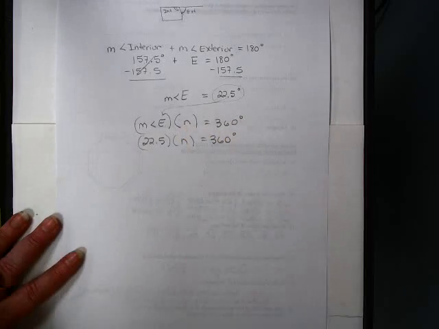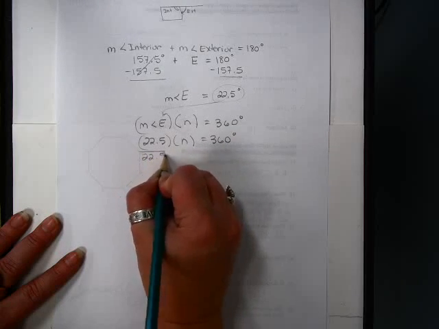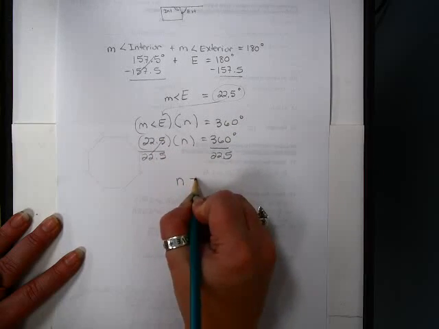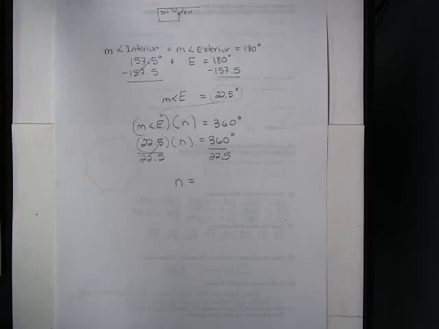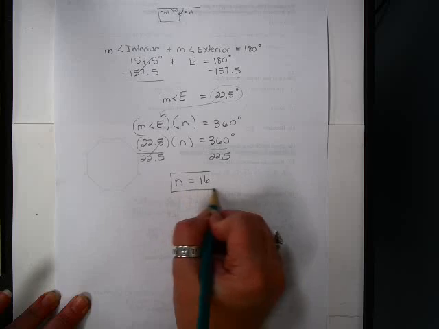Remember, n stands for number of sides. So divide by 22.5, divide by 22.5. N is going to equal, when I plug that into my calculator, 16. So this is a 16-gon.